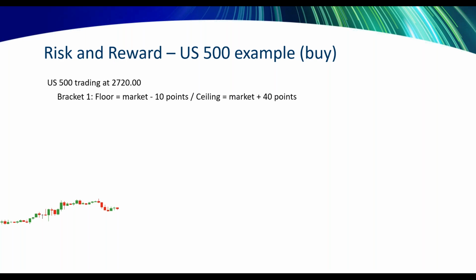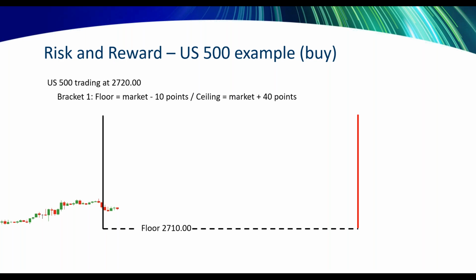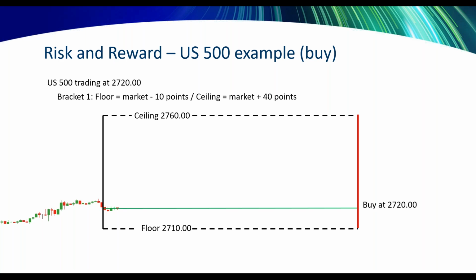So let's take a look at what my risk and reward are. Here we are at the price level of 27.20. We know when the expiration is, right? The settlement time is at the end of the week. And I picked bracket 1 where the floor is 27.10 and the ceiling was all the way up at 27.60. Just a very easy way to visualize it.